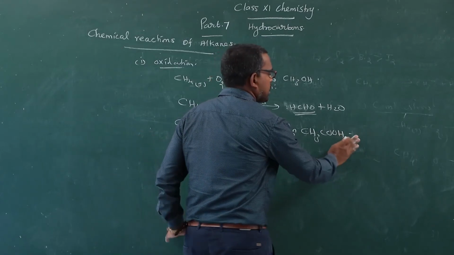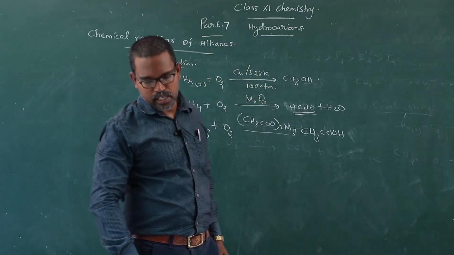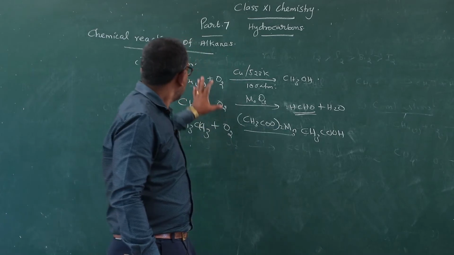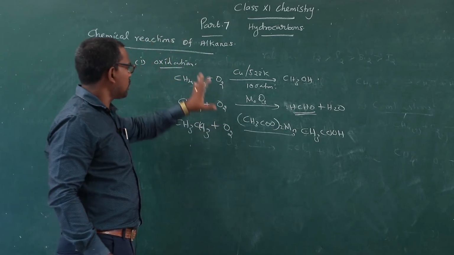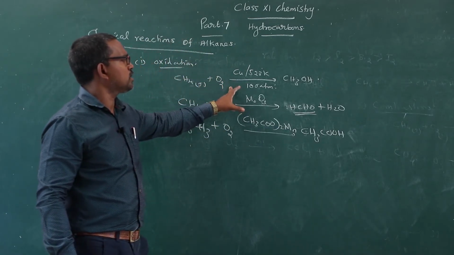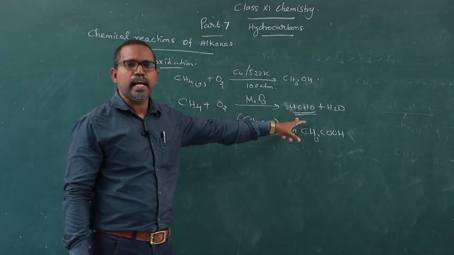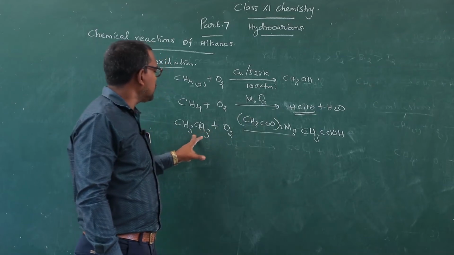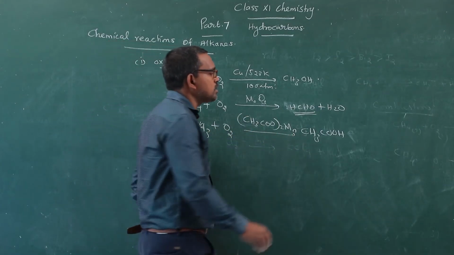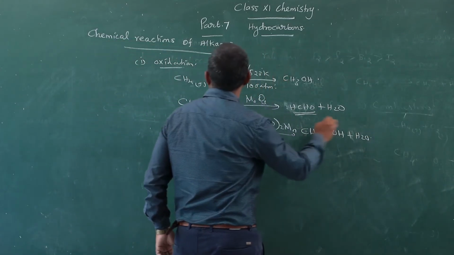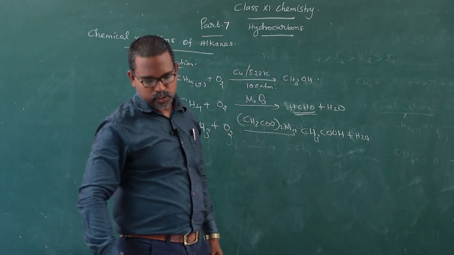Acetic acid is the major product. So these are the controlled oxidation conditions. Methane on oxidation gives methyl alcohol, methane on oxidation gives formaldehyde or methanal, and ethane on oxidation gives acetic acid and water. So these are oxidation reactions.